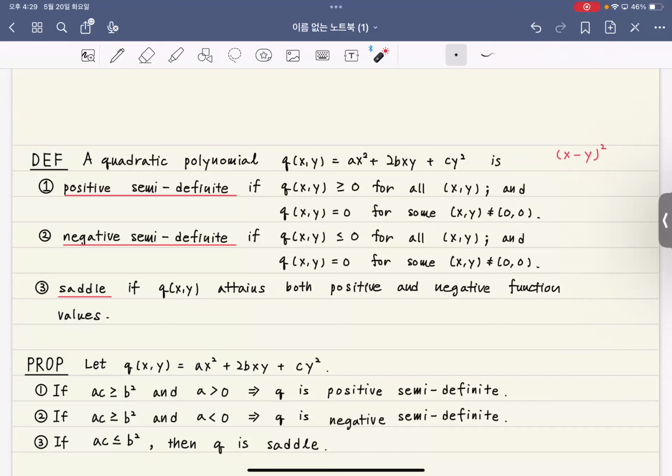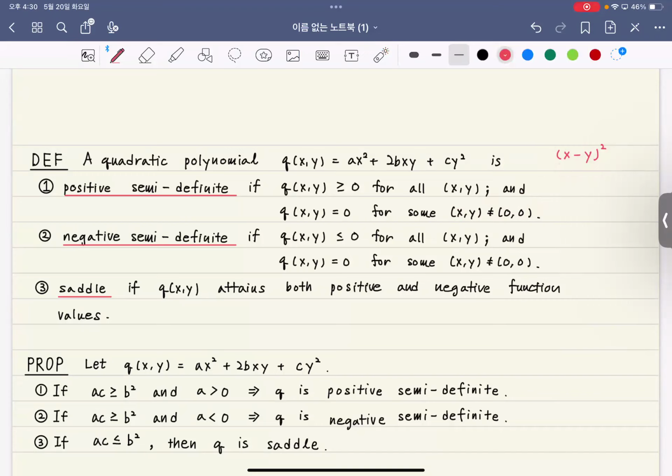Because if x equals 1 and y equals 1, then this equals 0. So this is clearly not positive definite, but it is still positive semi-definite, right? The function value is always greater than or equal to 0, and if x and y both equal 1, then it is 0. So this is positive semi-definite.